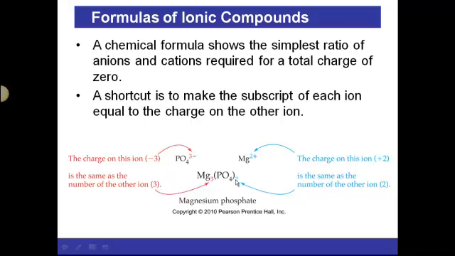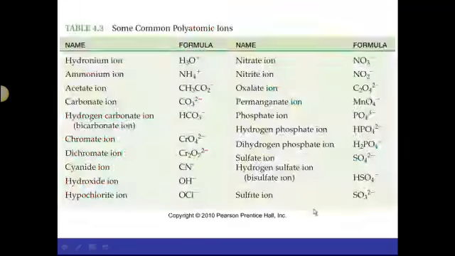Mg3(PO4)2. So this compound, if we named it, is just going to be magnesium. And we drop the word ion because it's no longer an ion, it's now a compound. And we're just going to put the name of the anion in there. So this is magnesium phosphate. And remember, you will be given the polyatomic chart.